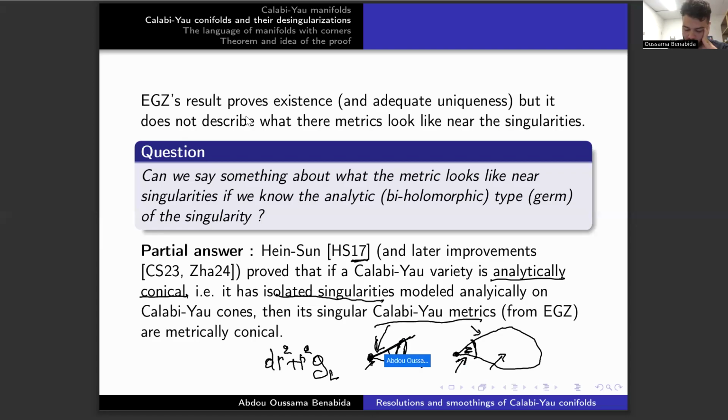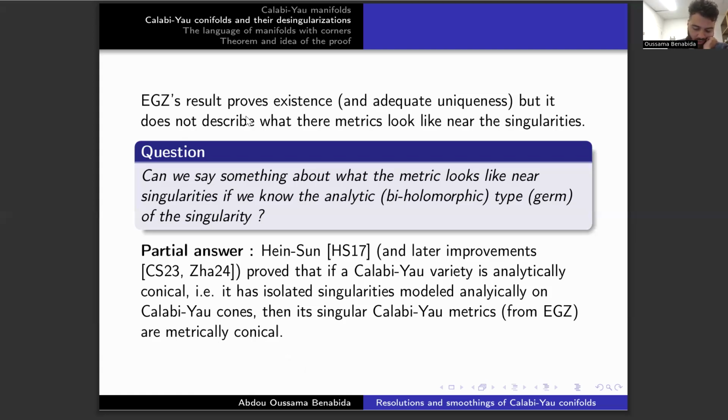So it is asymptotic near the singularity to the metric of the Calabi-Yau cone. Basically, the simplest way of saying it is that if they are analytically conical, then they are metrically conical as well. So this was proved by Hein and Sun and improved later.